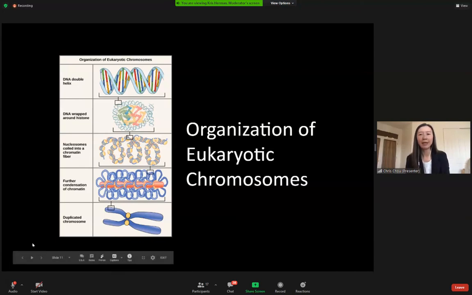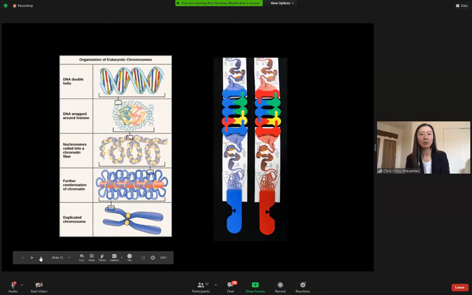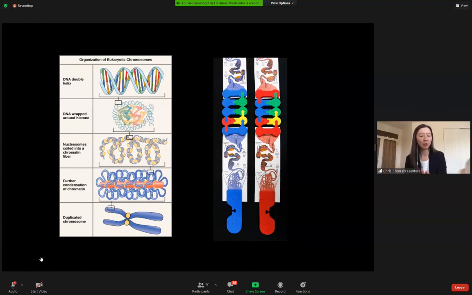And so on the next slide, as you discuss this level of organization of DNA from the very zoomed in level of the base pairing and nucleotide sequence all the way out to the visible structure of the chromosomes, you can also compare that with what you just constructed.